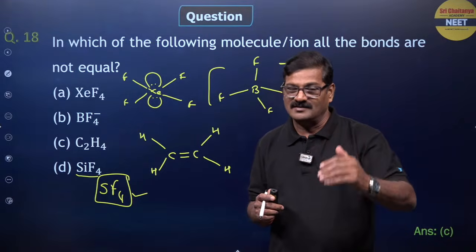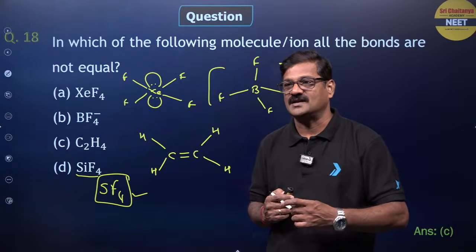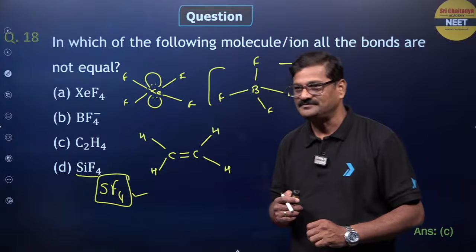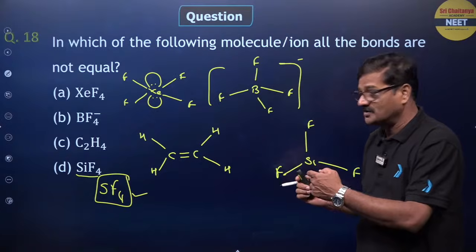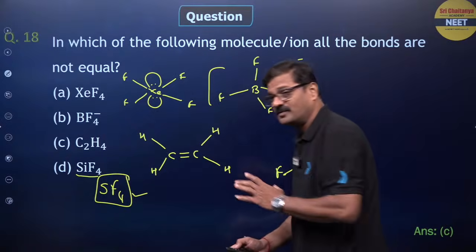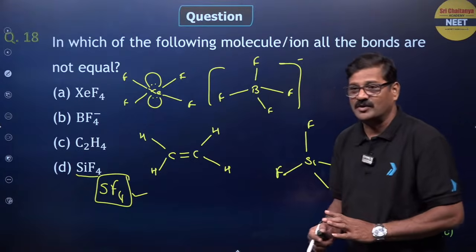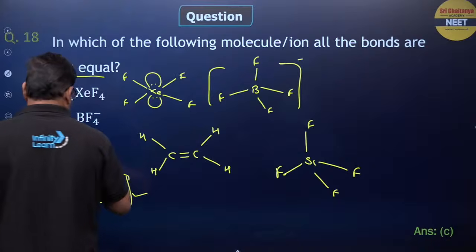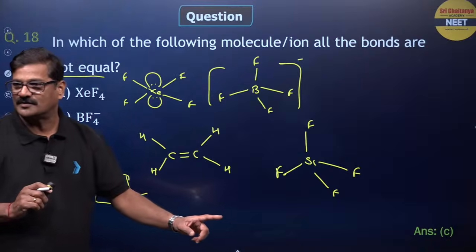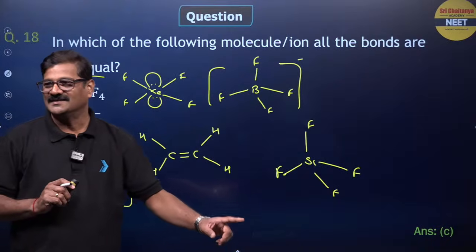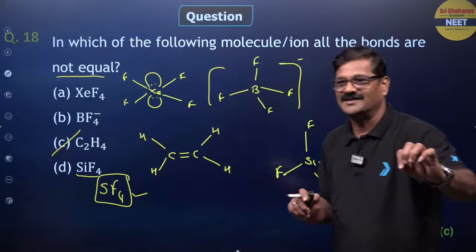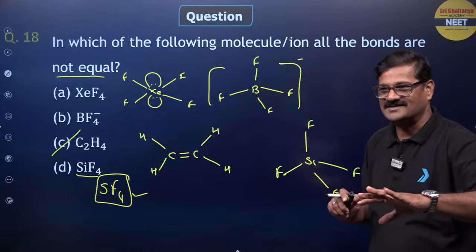So take care how to handle the questions. That is a very important point. If you have any doubt, ask, because here there is a carbon to carbon double bond and carbon to hydrogen single bond. Of course this is not equal, so my answer for this question is going to be C2H4. Fine. Perfect, my dear children. If you have any doubts, please ask us.